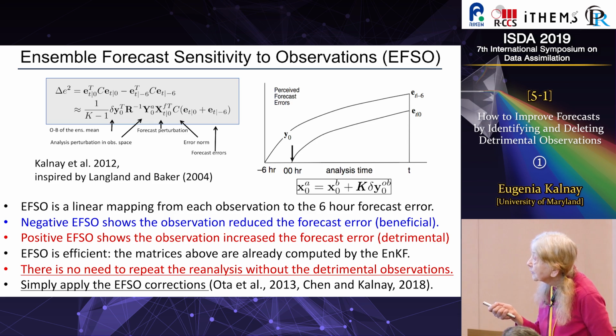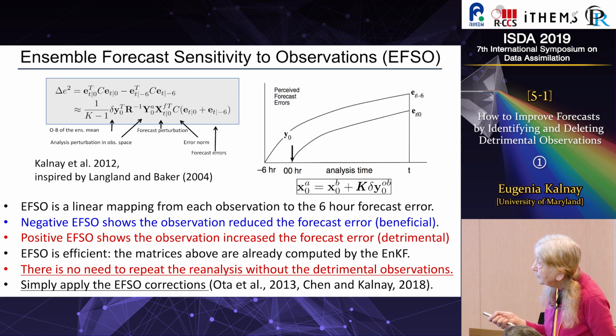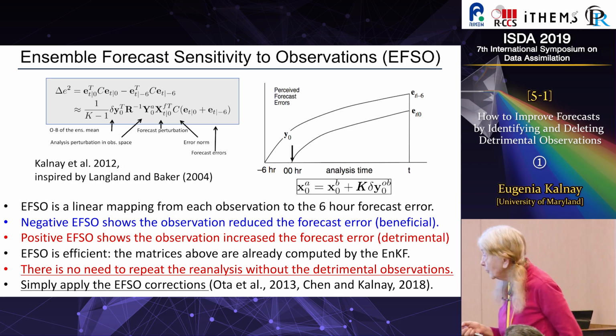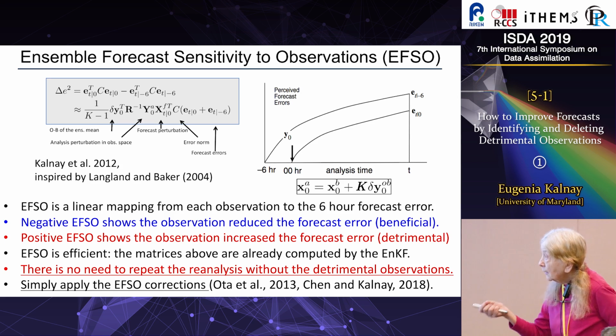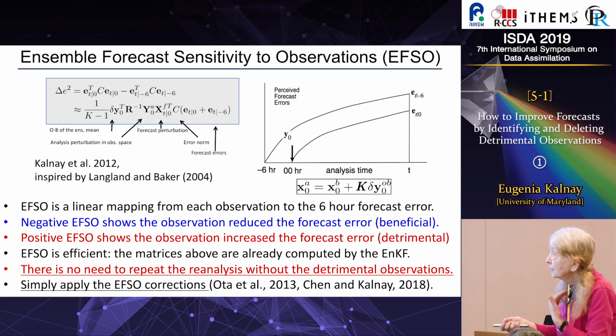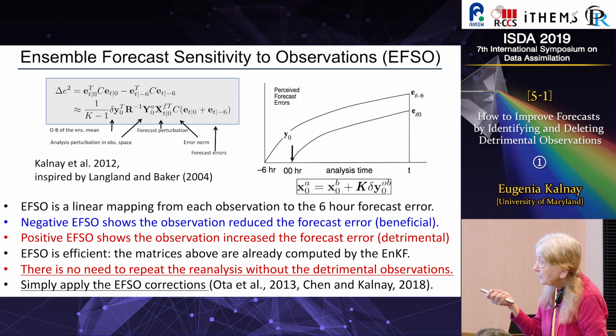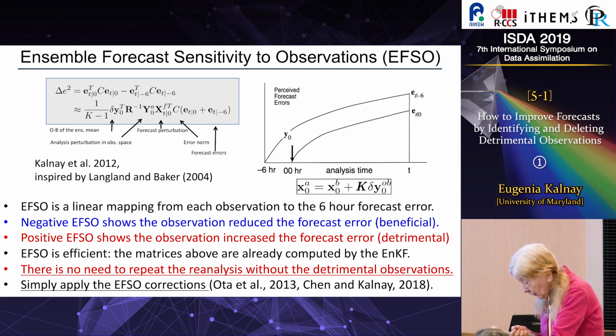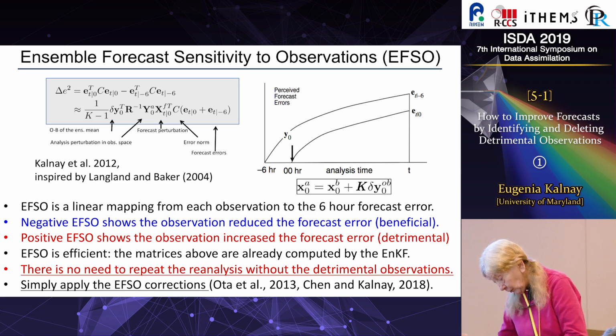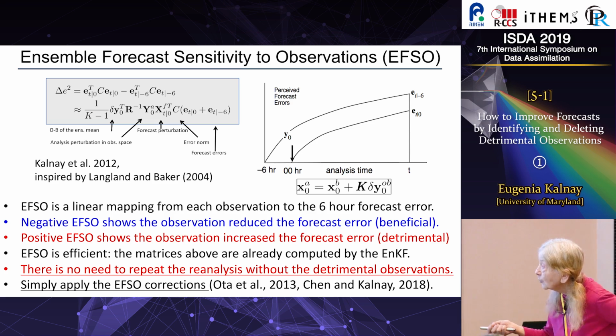So this represents the total energy of the error, and you get this equation in which the matrices, as pointed out by Hotta et al., are already available from the ensemble, and this is a long vector of observational increments, so we can assign to each observational increment the corresponding reduction or increase of the error if we have a beneficial or detrimental observation.